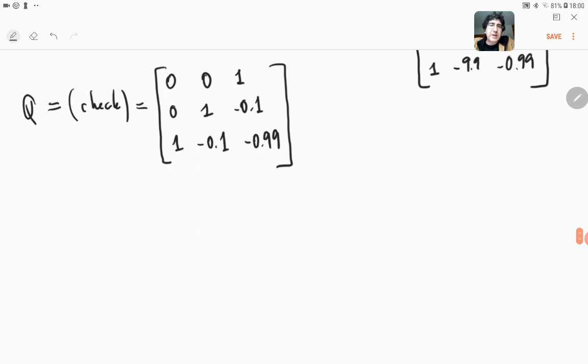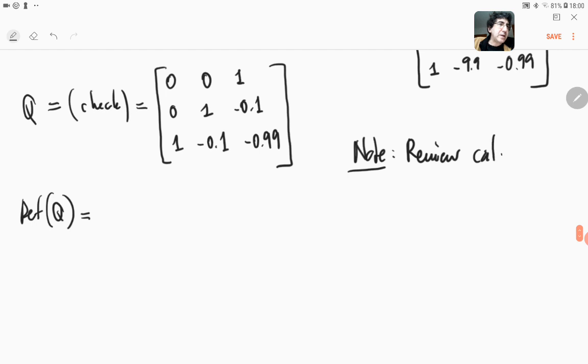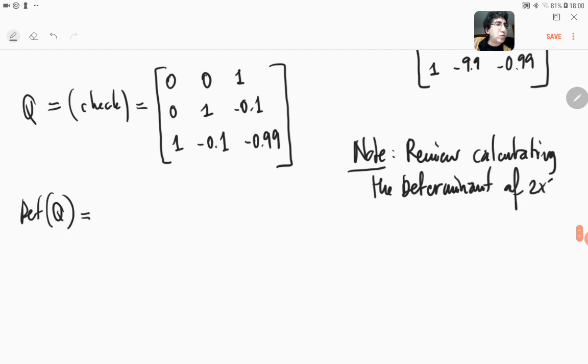Now, how to calculate the determinant of Q? This is a 3 by 3 matrix, and please review calculating the determinant of 2 by 2 and 3 by 3 matrices.